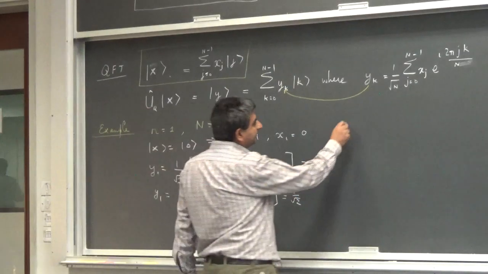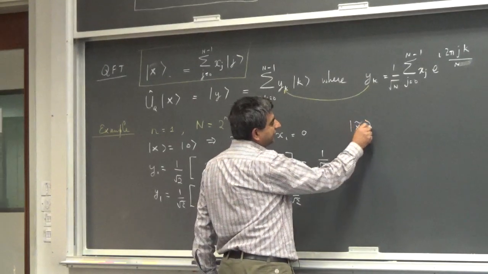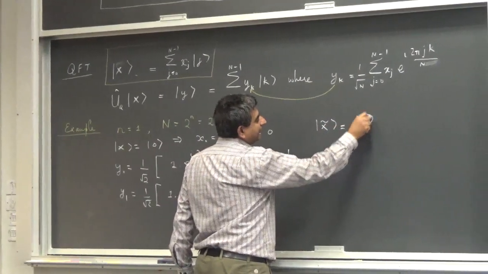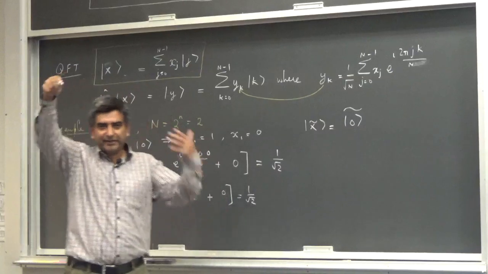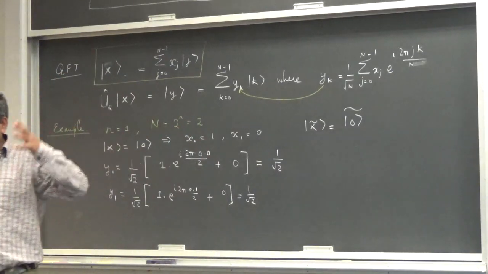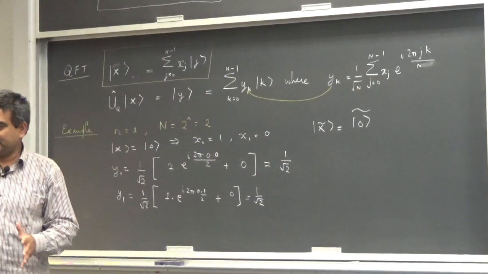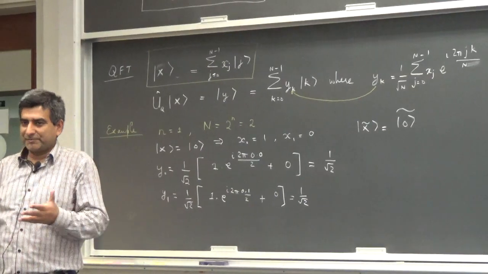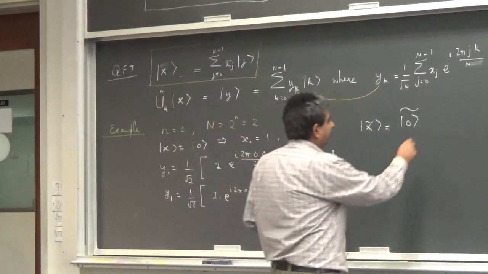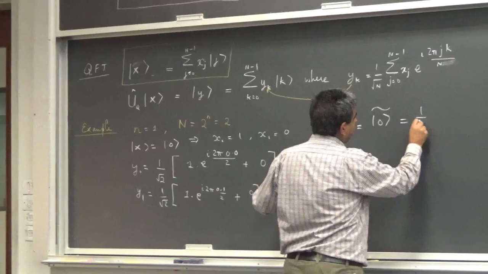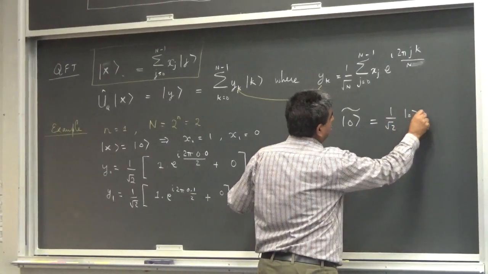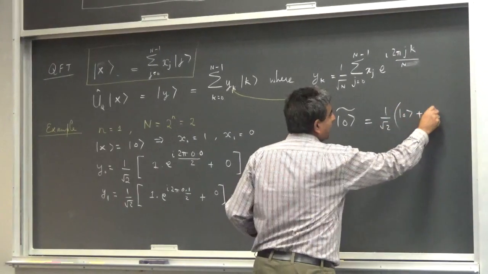So the Fourier transform of my initial state, let's call this ket 0 tilde. Now my initial quantum state ket 0 is written in the Fourier space. It's a new quantum state, and that quantum state is 1 over root 2 ket 0 plus 1 over root 2 ket 1.